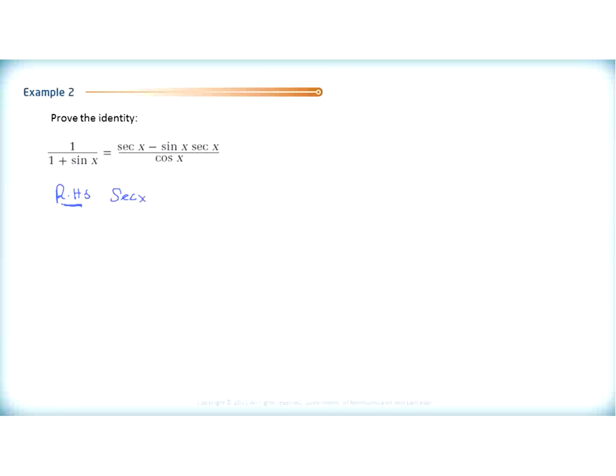So I'll remove secant x, leaving 1 minus sine x over cosine x. Now we need to do a little bit of simplifying here. Secant is 1 over cosine, times 1 minus sine.